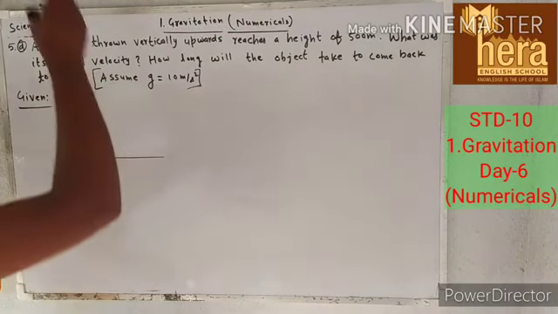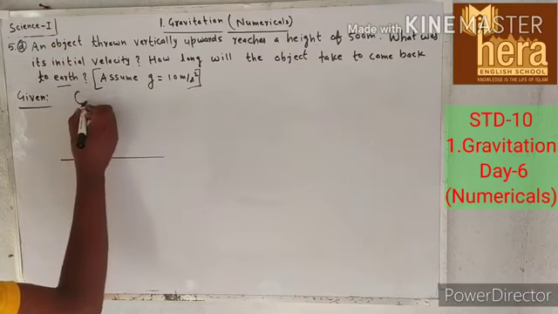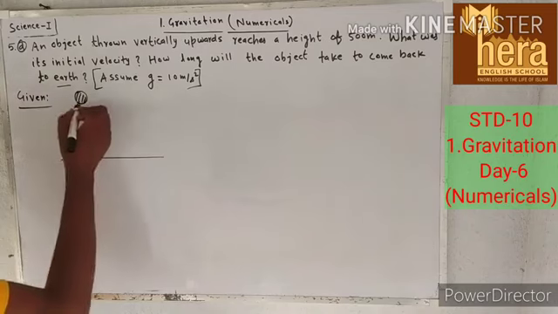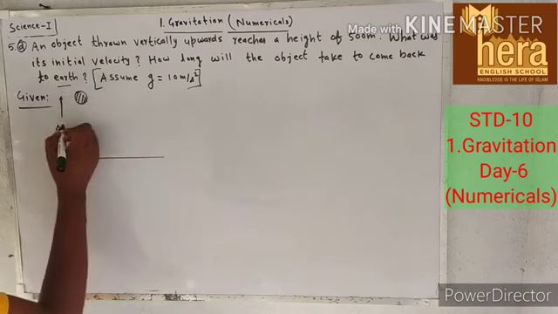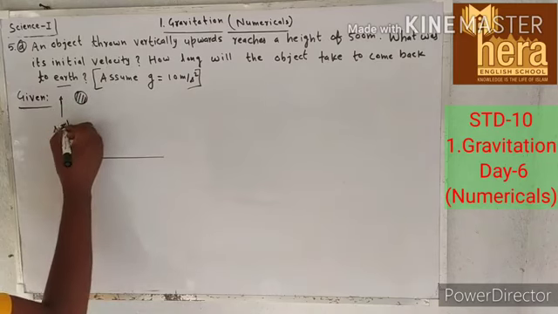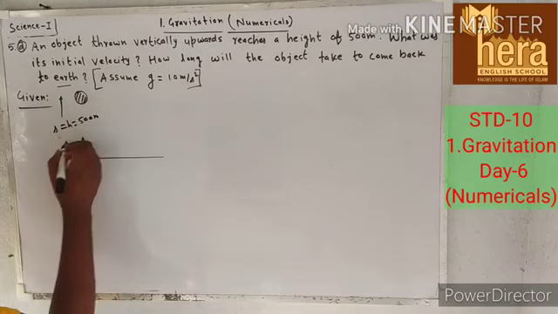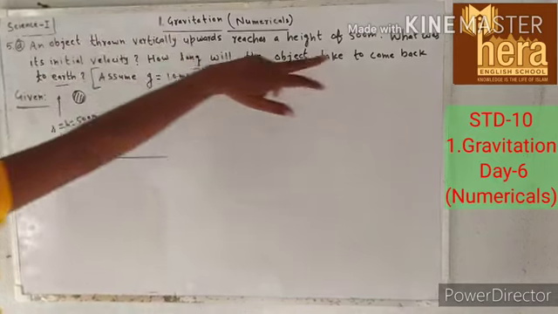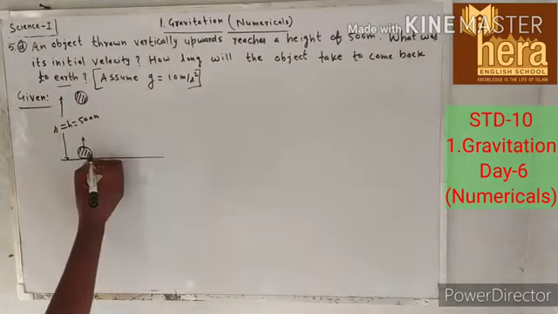They are thrown vertically upward direction, and this object came here, at the height of S is equal to H is equal to how much? 500 meter. What was its initial velocity? It means initial velocity u.